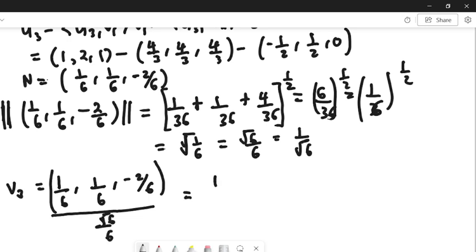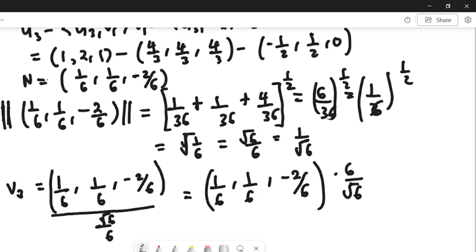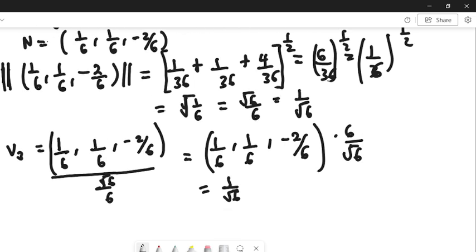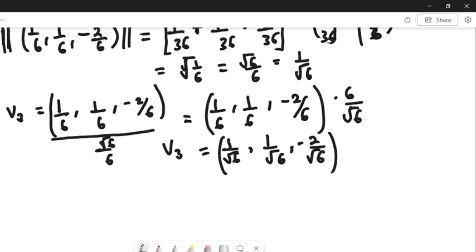This becomes (1 over 6, 1 over 6, negative 2 over 6) times 6 over root 6, the reciprocal. So we have (1 over root 6, 1 over root 6, negative 2 over root 6). So that's our V3, and now we have an orthonormal basis.